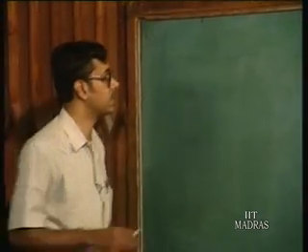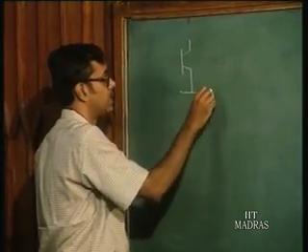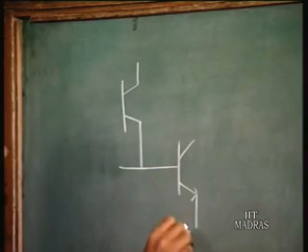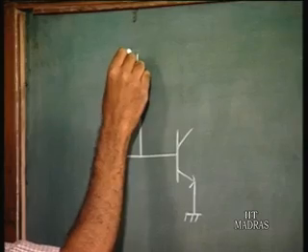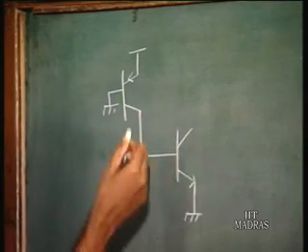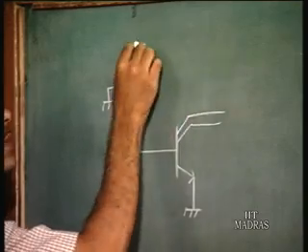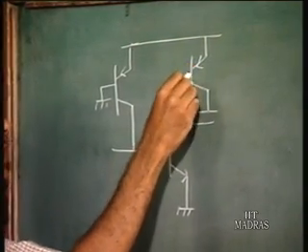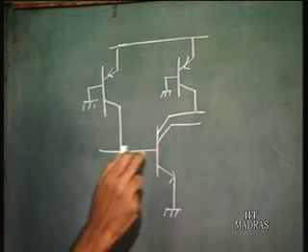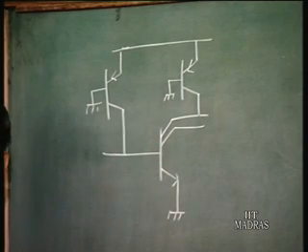As we had seen, the PNP transistor at the base, that is the current source, is actually in saturation, and so it has to be ensured that the base of the NPN transistor gets sufficient current in order to drive this transistor to saturation.